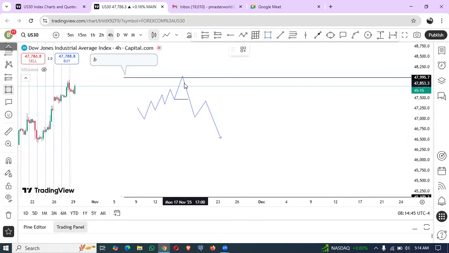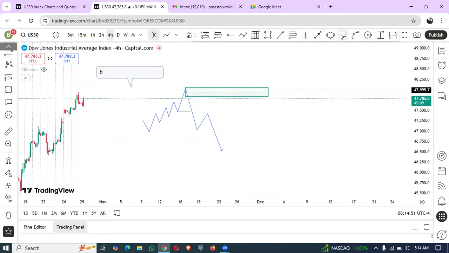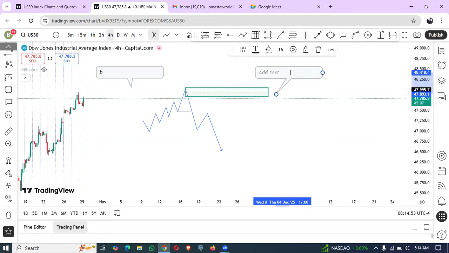You look at the origin of that push. What are you looking for? Either of those four candles. What do I mean? That's your doji, hammer, the three candle formation, then the engulfing candle.